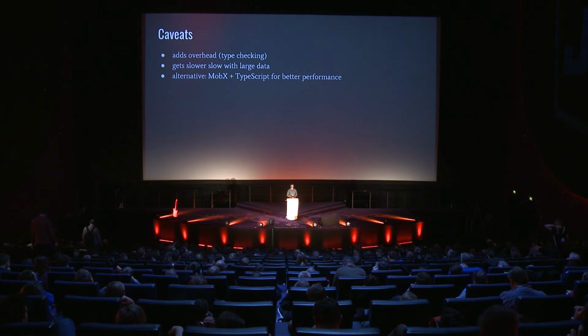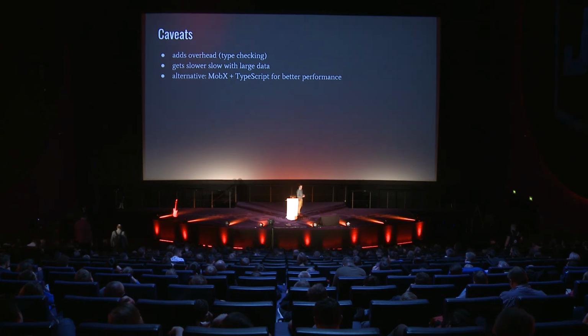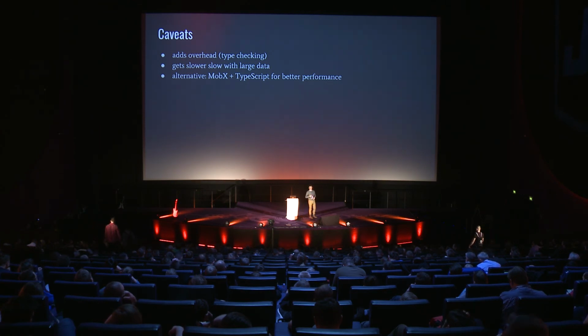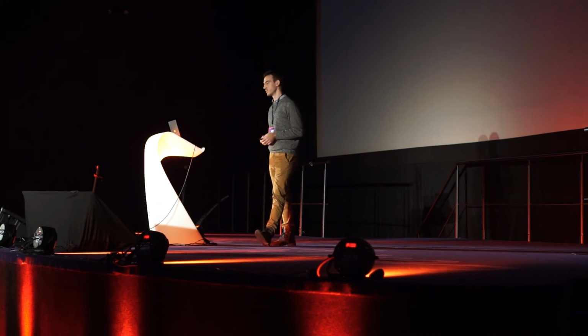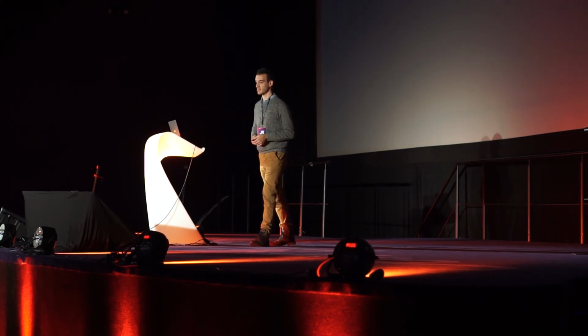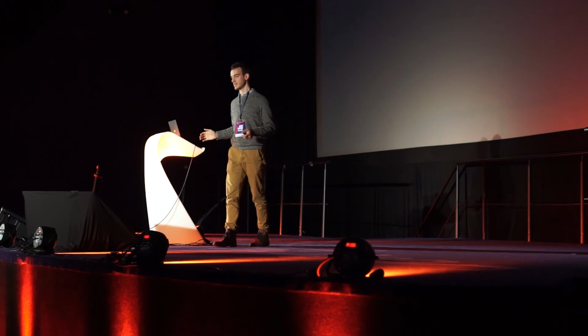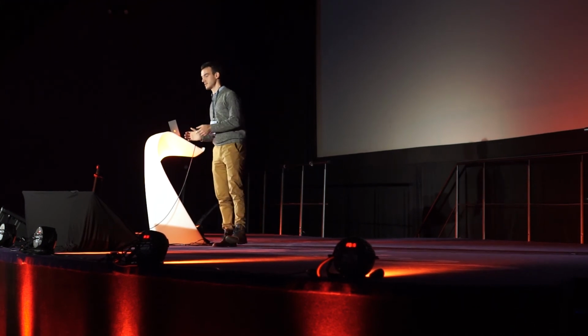What are some caveats of adding MobX state tree to MobX? First, it adds some overhead because it has to do all of this type checking with TypeScript every time. We tested it in our production app with large arrays of data, like thousands of objects in an array, and the replacing, the updating of this data gets slower.